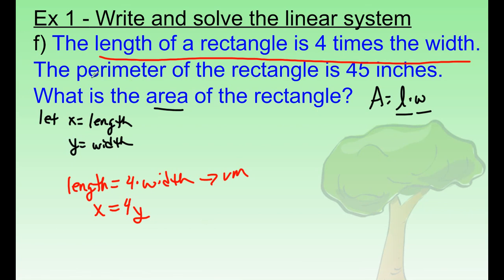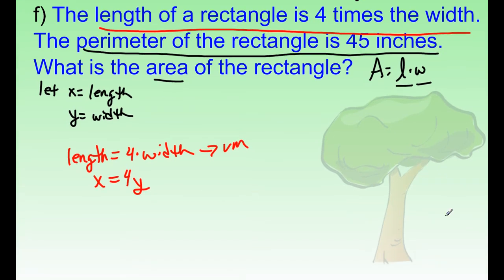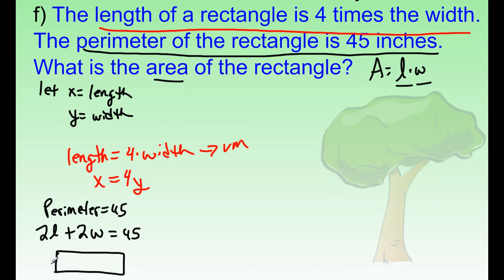All right, now it says the perimeter of the rectangle is 45 inches. Perimeter is 45. Now, how do you find perimeter? Perimeter is 2 lengths plus 2 widths. On a rectangle, this side plus this side, so 2 of those plus 2 of those.